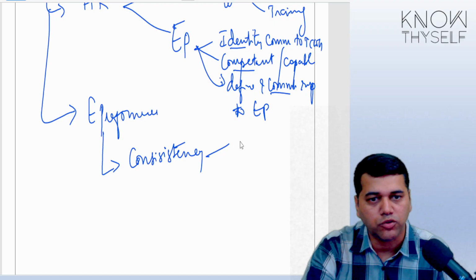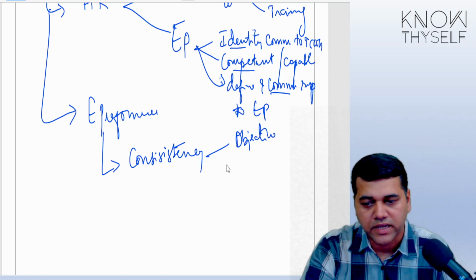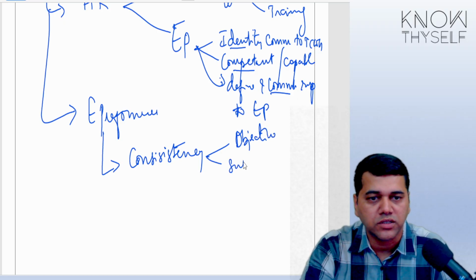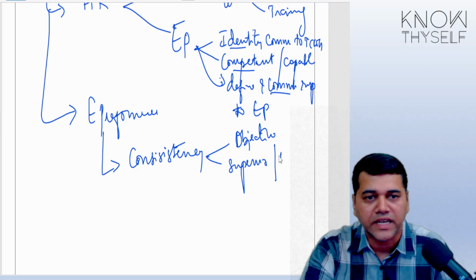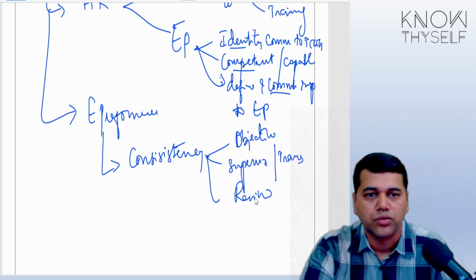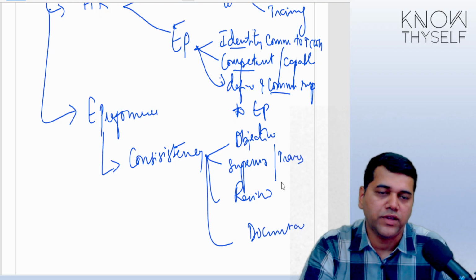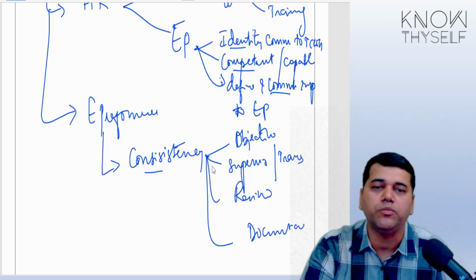First thing, you have to be briefed about the objective. Second, you need to have supervision and training. Third, you need to have review. And fourth, documentation. So when these four elements are done, you will be able to perform consistently.